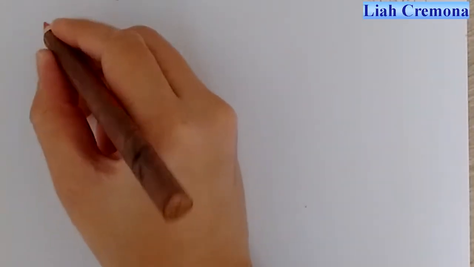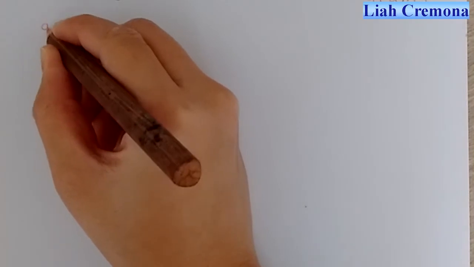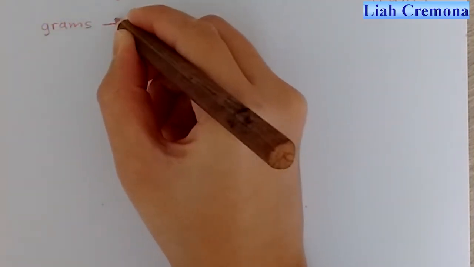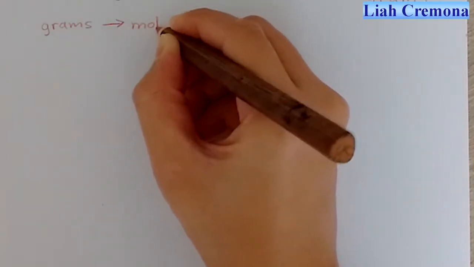So to convert grams to moles, you need to know the chemical formula for the compound, because then you need to find the molar mass of that compound, which you will use in order to find the number of moles.